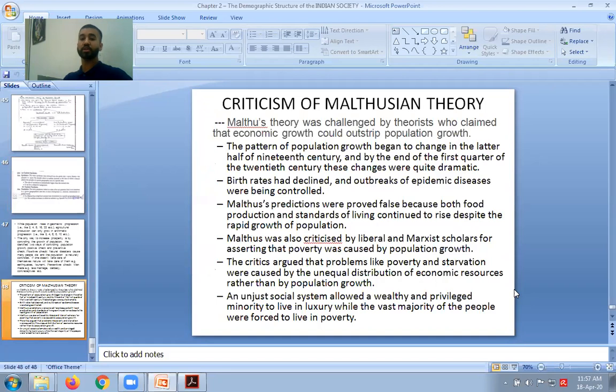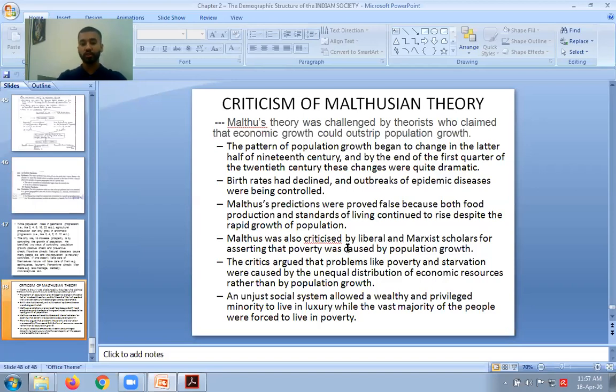But there was criticism regarding this theory. Many people said that if people are not having resources, this is not due to the lack of resources. This is due to the unequal distribution of resources, right?